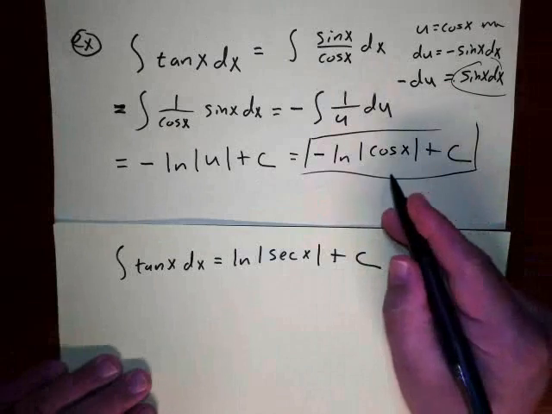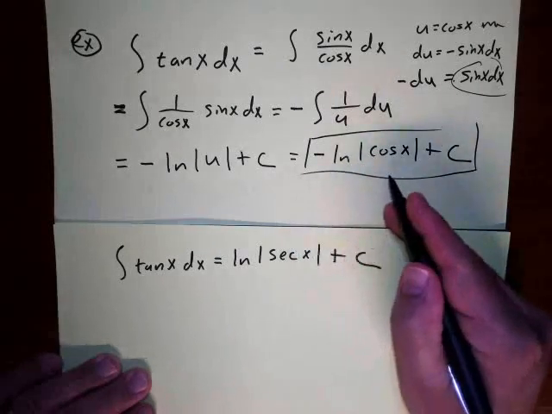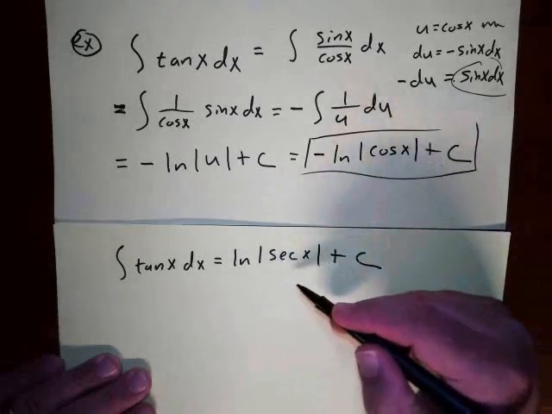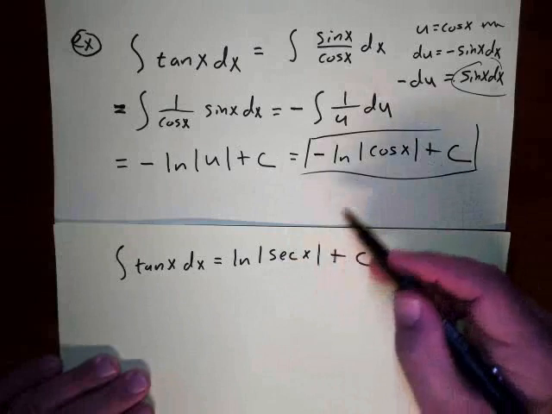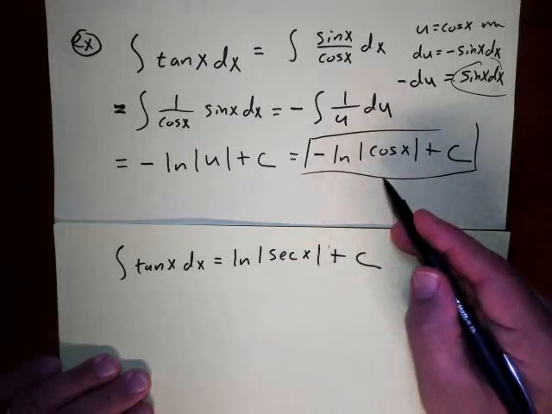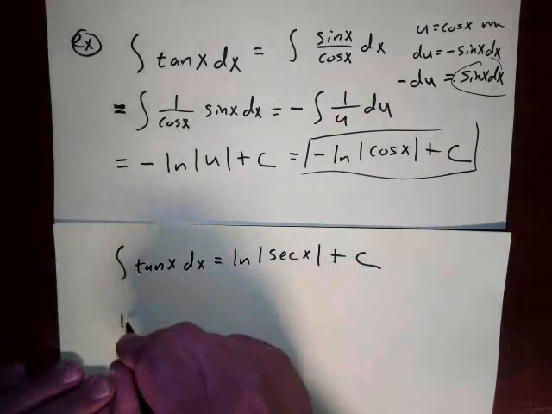And so how does that work here? Because this is what we got when I used the substitution method. This is what they normally give. So as it turns out, these are equal to one another, and let's see if I can show you that.